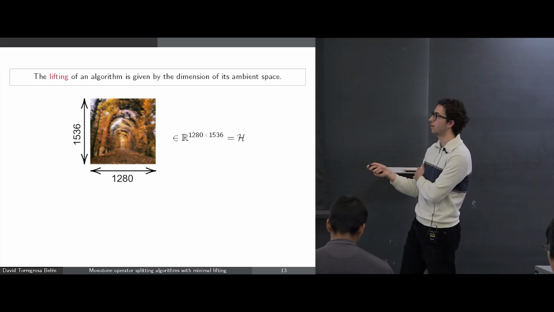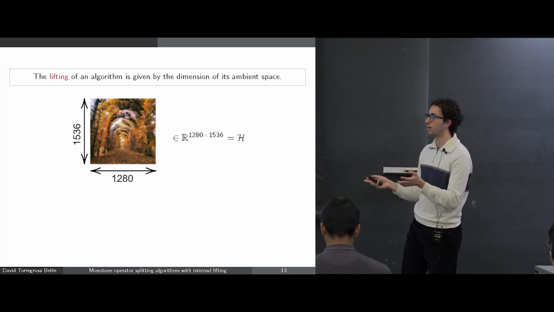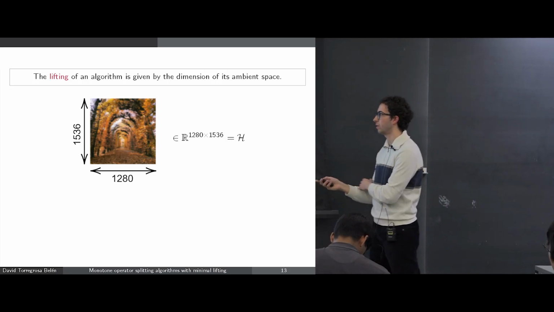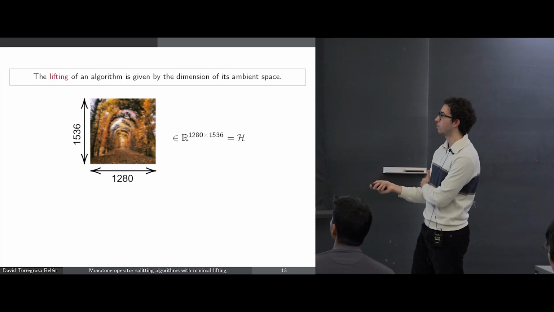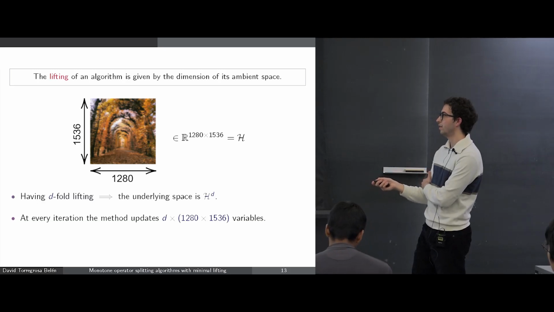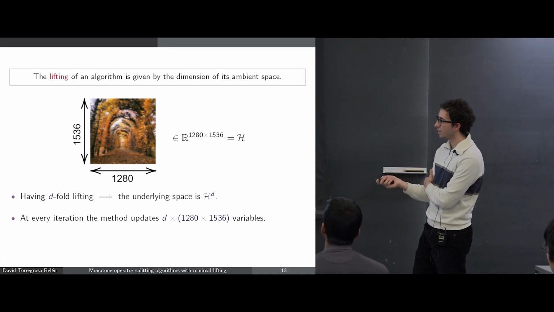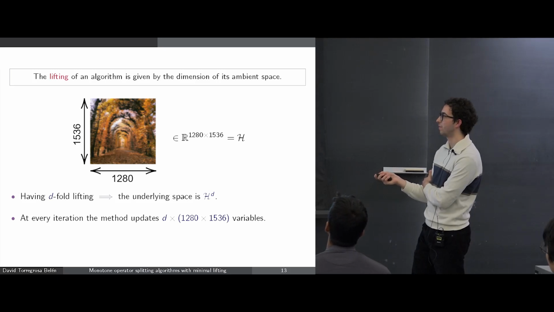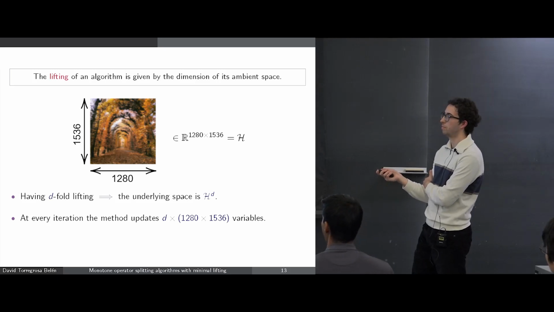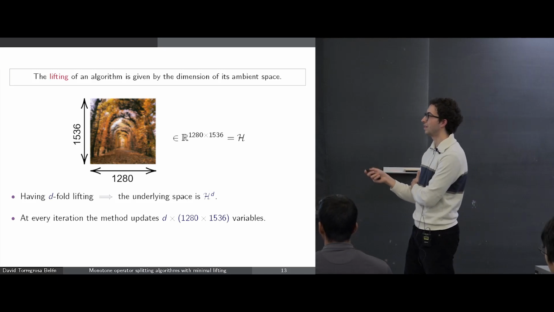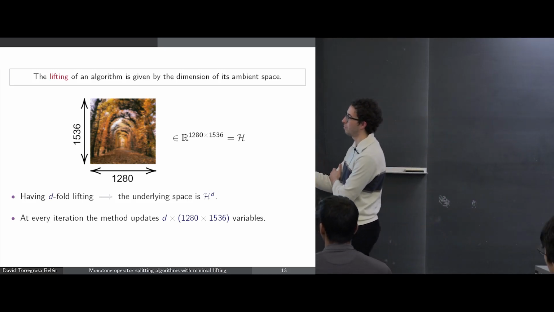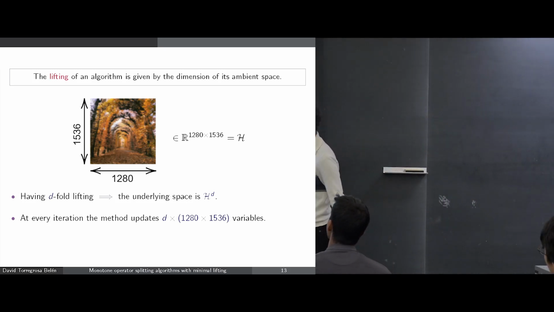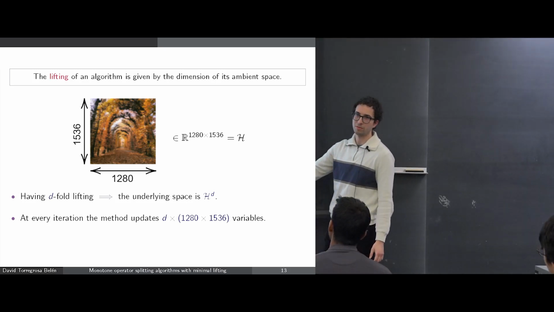So this is the space H where the variable of my algorithm lives. If my algorithm has lifting D, the space where the algorithm is defined is H to the power D, so at every iteration what I'm updating is D times these almost 2 million variables.